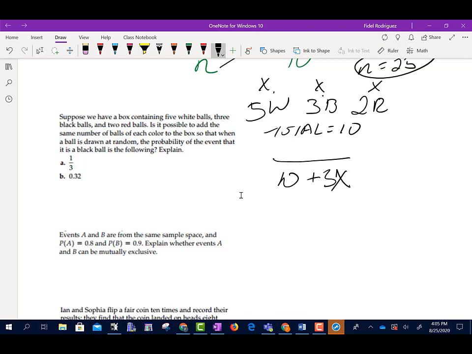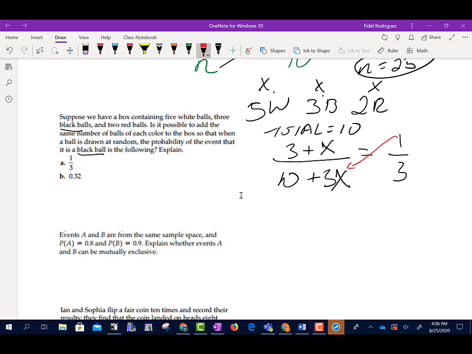And we want to know, what's the probability that we're going to choose a black ball? Well, how many black balls do we have? We have 3. But remember, we're adding a certain amount to each of those. And we know, is it possible for that probability to be 1/3? So again, I'm just going to cross multiply here.